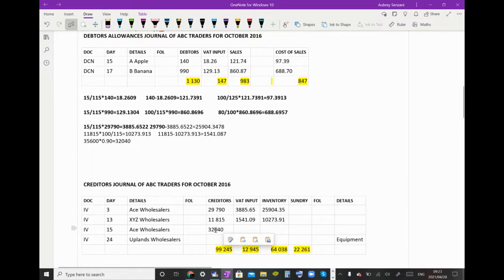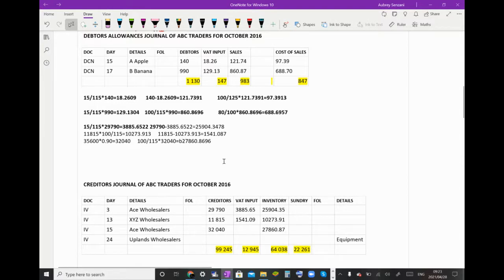And again, we then just say, what then is the VAT exclusive amount? That should be 87 rounded to 2 decimal places.